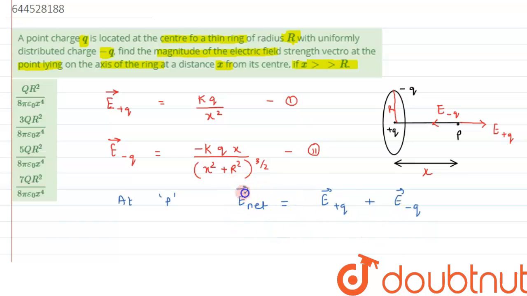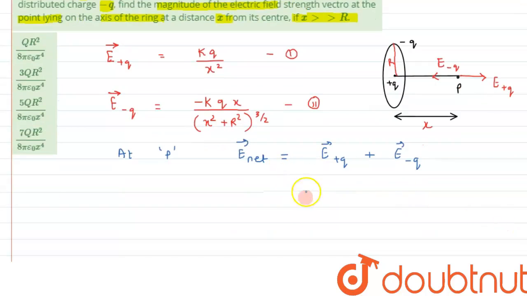This is the value of the net electric field we are getting, and if we substitute the values, we can write it as kq by x square minus kQx divided by x square plus r square raised to 3 by 2.